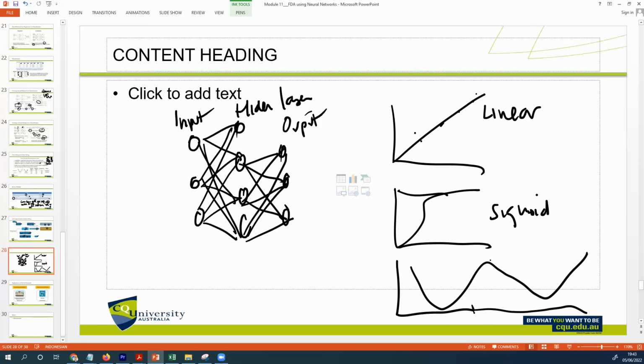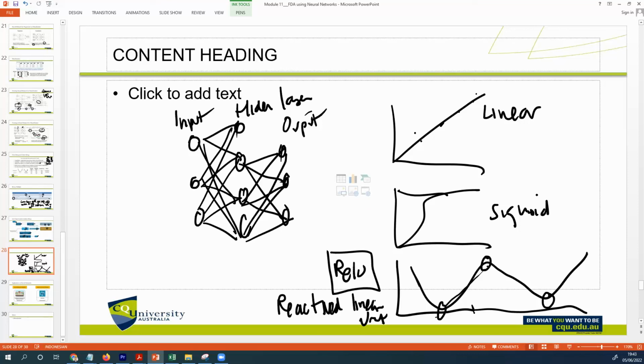So we need to bend the line. When the line goes like this, we bend it going like that. So that's where ReLU works. ReLU is the rectified linear unit.